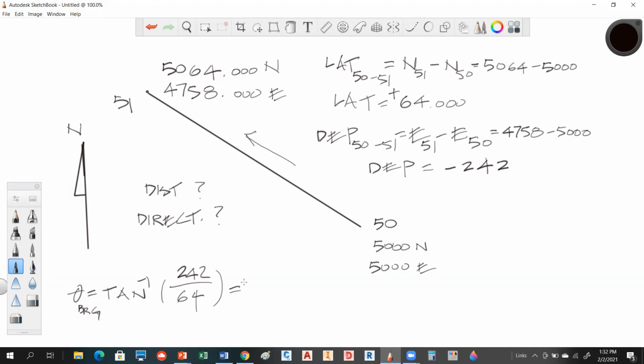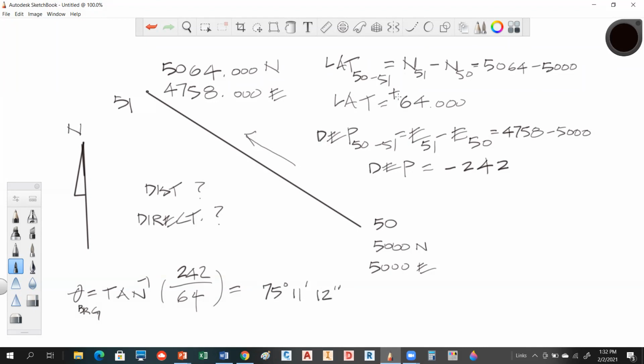So I'm going to take 242 departure divided by 64, and then I take the arc tangent of that, and I got, you guys can verify this, looks like I got 75 degrees, 11 minutes, and basically 12 seconds when I round it to the nearest second.